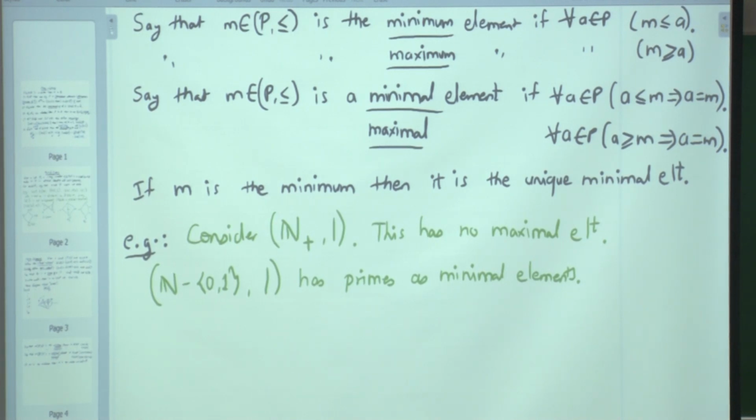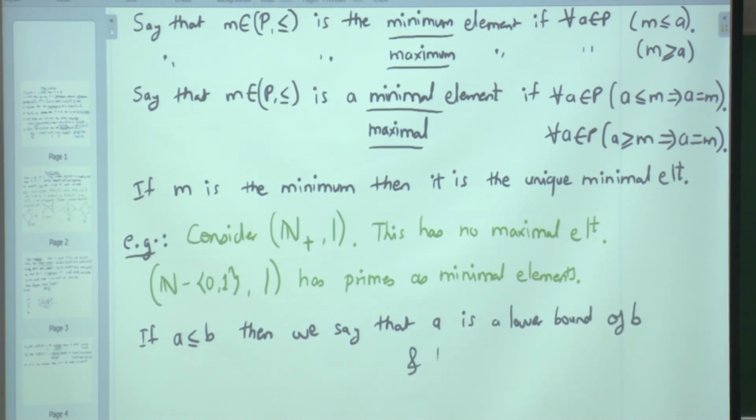If A is less equal B, then we say that A is a lower bound of B and B is an upper bound of A. Lower bound, upper bound.